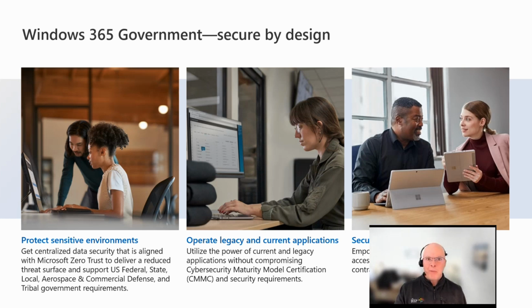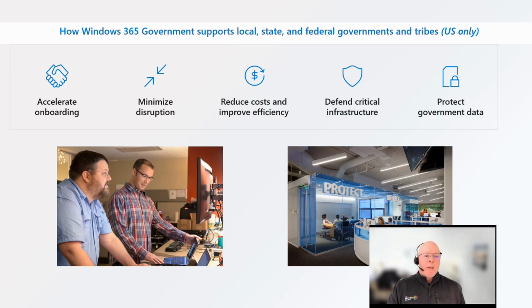How am I going to take care of that if I want to go into a Windows 365 environment? I have an answer for that. Stay tuned. You can accelerate onboarding, minimize disruptions. You're reducing costs. You're improving efficiency. Those users, again, that need heavy graphics cards, you can give them a GPU model and have them go forward.